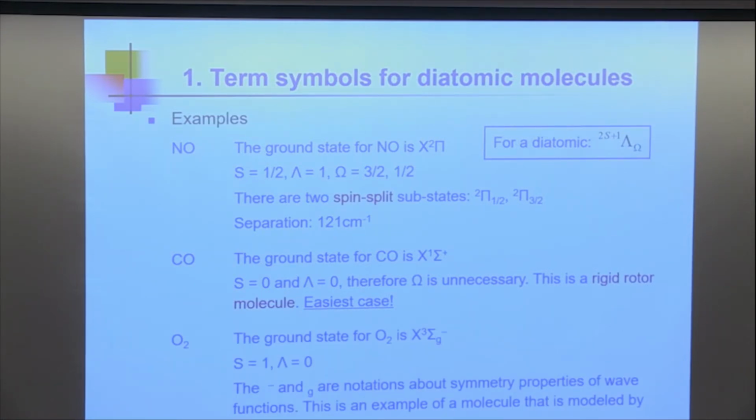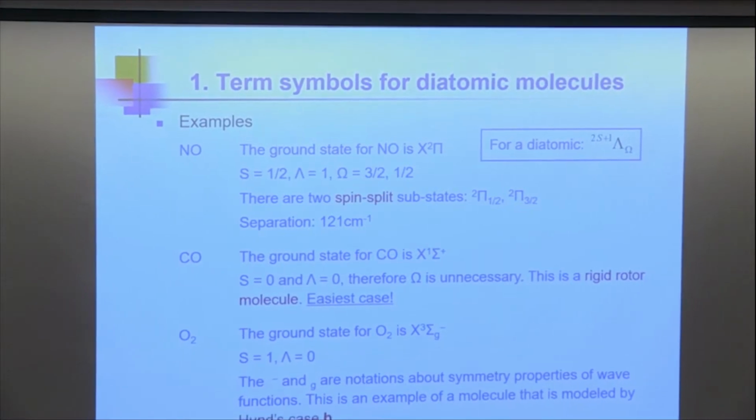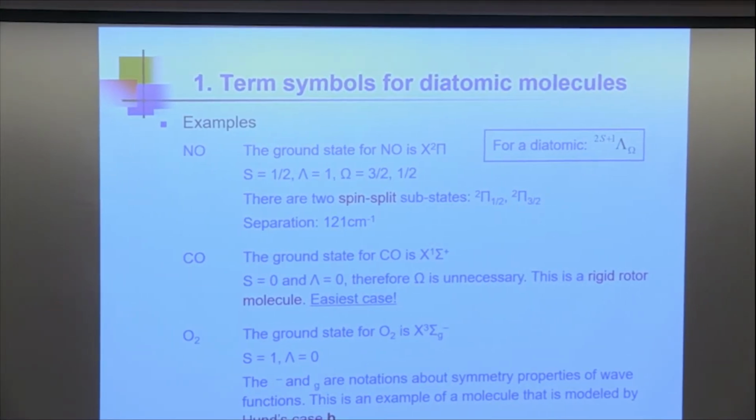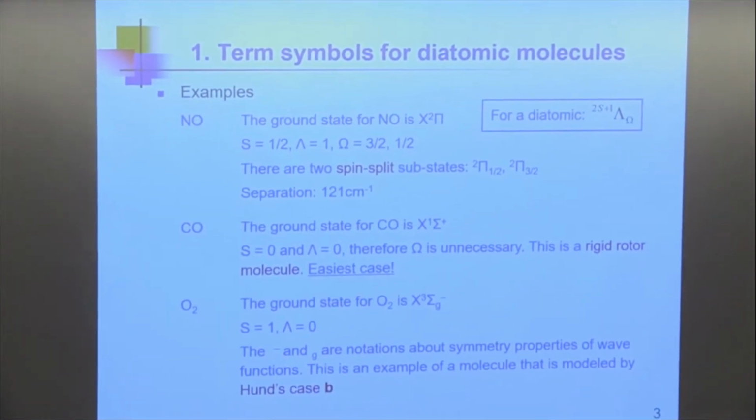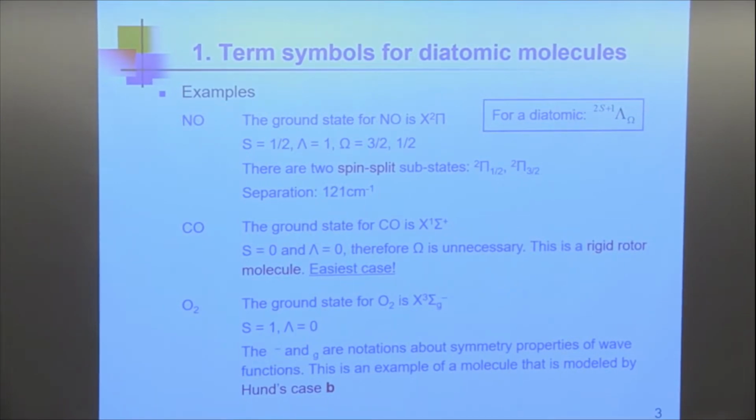It's an X3 sigma g minus. Don't worry about the g and the minus. That means we're looking at the ground state, and the spin now is 1, and the orbital angular momentum component lambda is 0. So now we've looked at 3 different examples, and these correspond to 3 different models that we use.